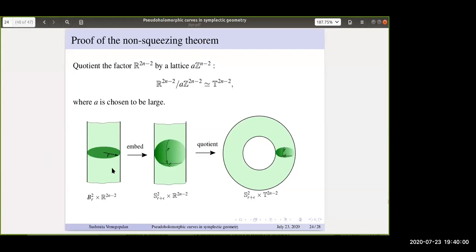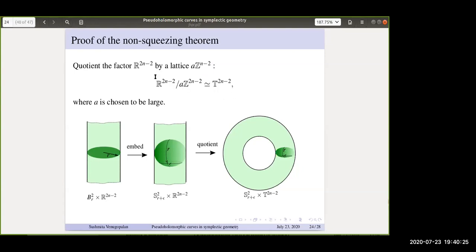Now one of the components has been converted to a closed compact manifold, which is this 2-sphere. And now we have this second component, which is R^(2n-2). What we do with that is we mod out by some multiple of the integer lattice, and by modding out, we get a torus.